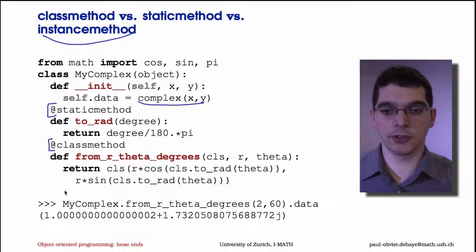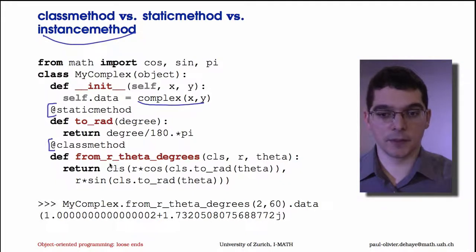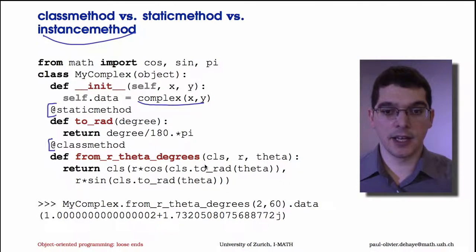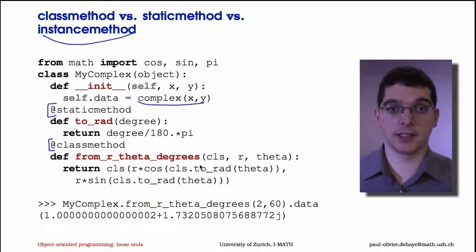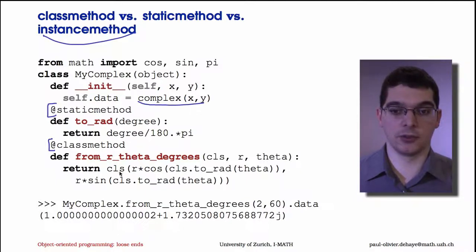But it can also have another constructor that will use the r, so the norm, and theta, the argument, but this argument given in degrees. Okay, so from that r and theta, it will create a new instance of the class complex that will have this norm and this argument.